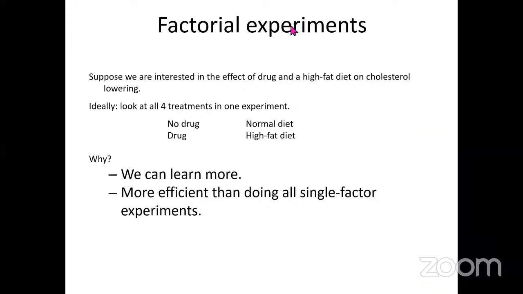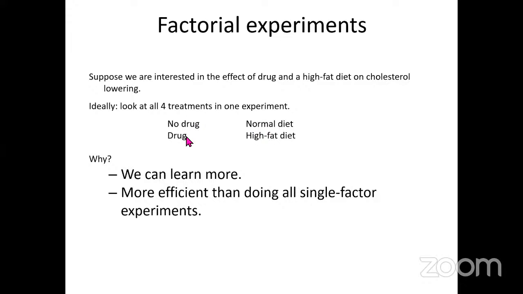Now let's look at what this factorial design is. Imagine we are testing some drug for cholesterol lowering. You want to test with no drug and drug, with normal diet and high fat diet. So we have each one with two sets of possibilities, right?